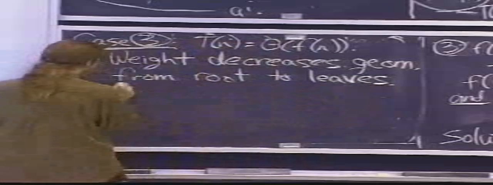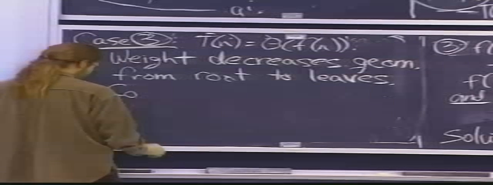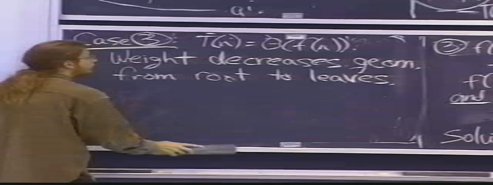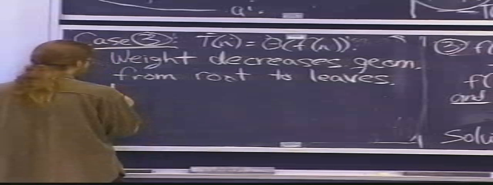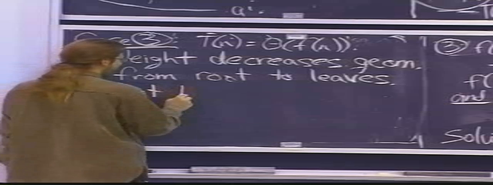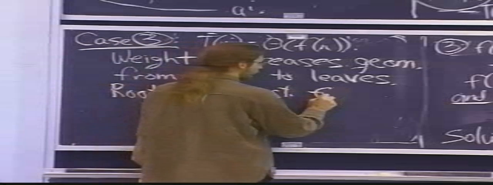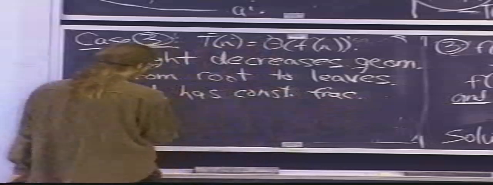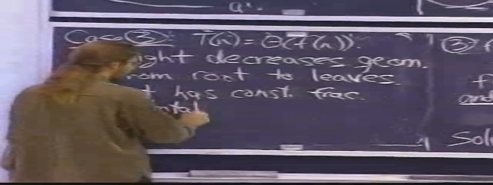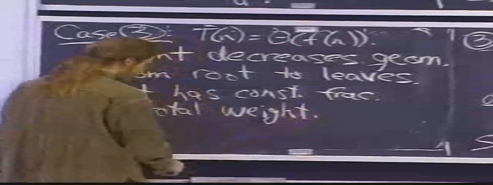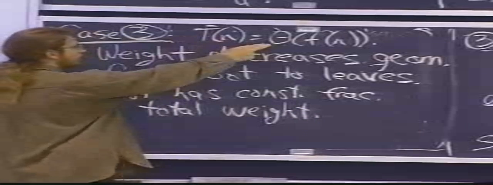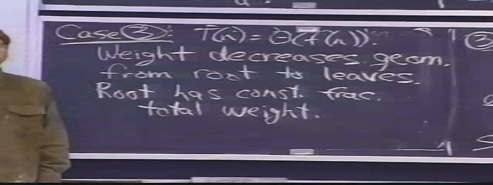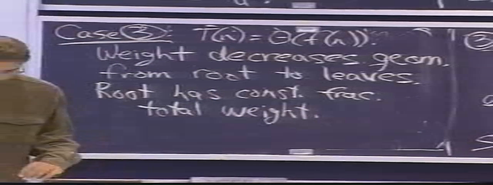And so, let's see. What matters is the root in the sense that the root has a constant fraction of the total weight. Okay, so the total cost t of n is just theta of f of n. And that is the master theorem.